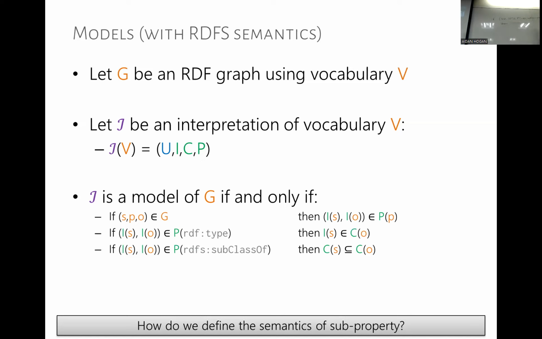So what would we say in this case? We would say that the set of pairs of individuals referred to by S is a subset or equal to the set of pairs of individuals referred to by O.